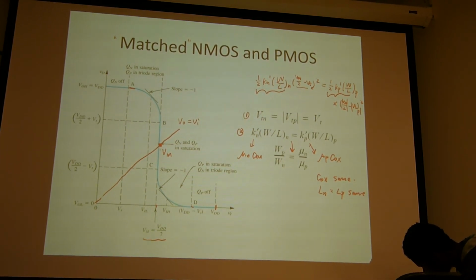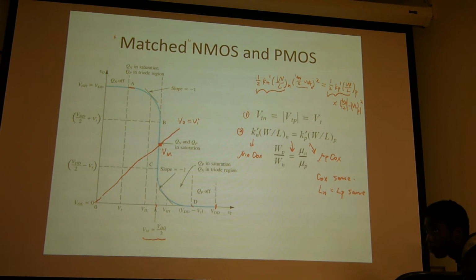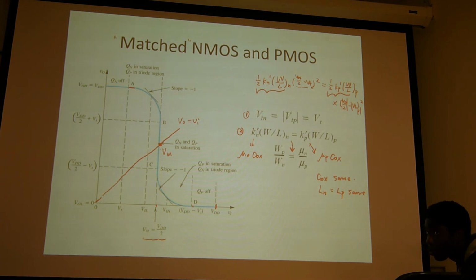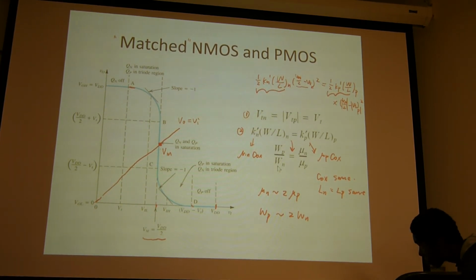And the PMOS is to be wider than the NMOS. Why is that? Because we just showed, for example, if mu n is like twice mu p, then WP is to be like twice WN to satisfy this condition. So this is generally true for CMOS circuit design.